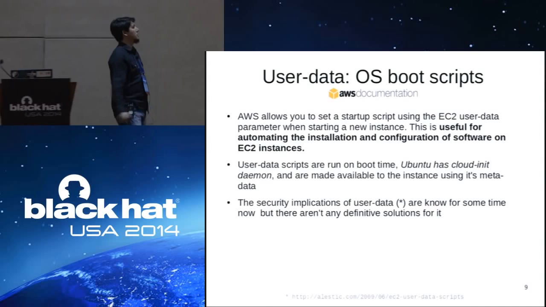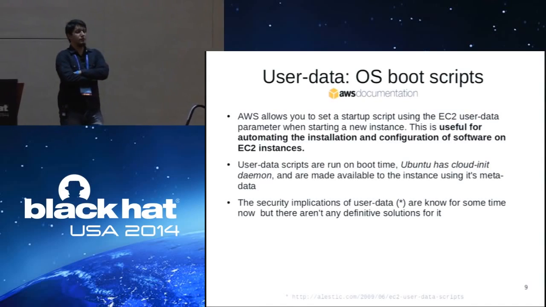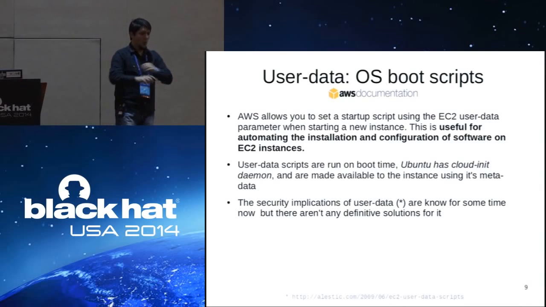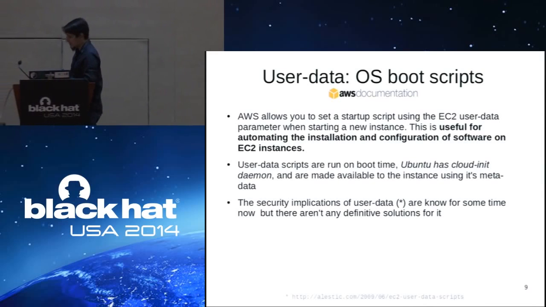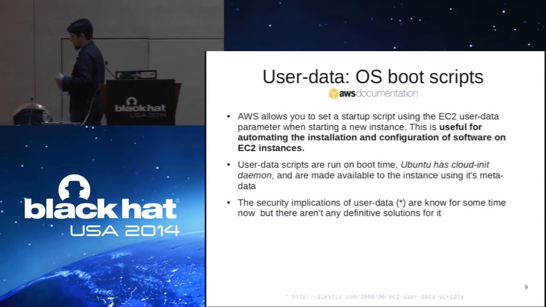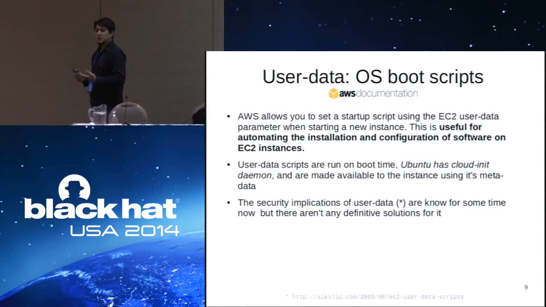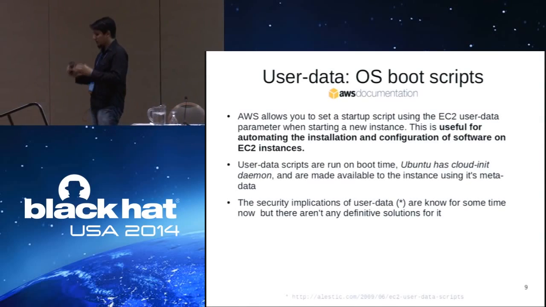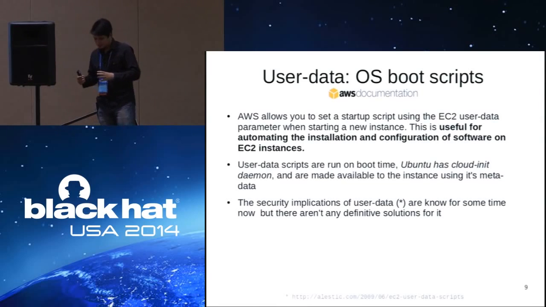When you Google user data Amazon, you're going to find that when you want to start an instance, one of the ways of configuring that instance, and there are different ways, Amazon is really flexible, but one of the ways is providing a user data script.